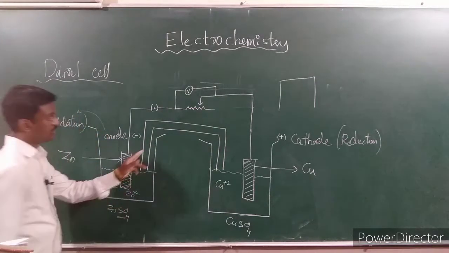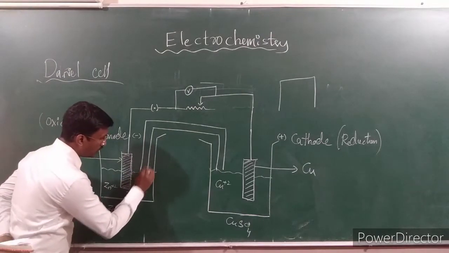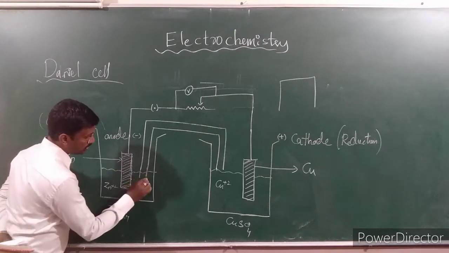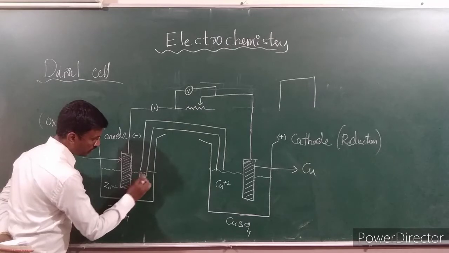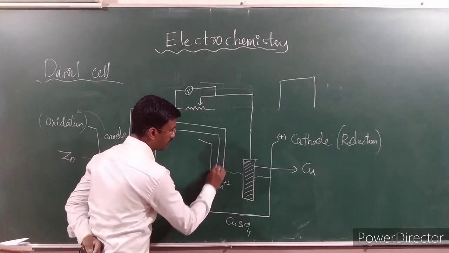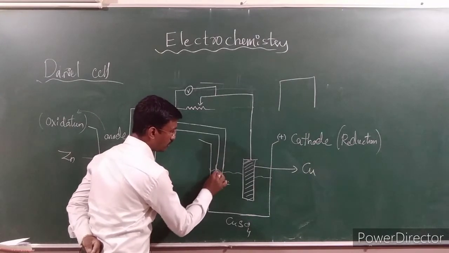Can you see here? One end is dipped in the zinc solution, but it is closed by a cotton plug. Here also, the other end is completely dipped in the copper solution, and it is also closed by a cotton plug.